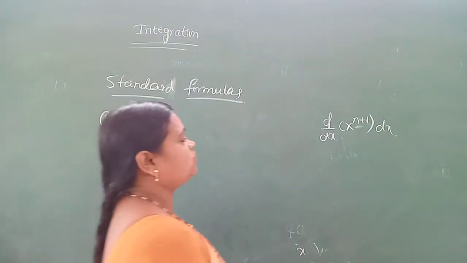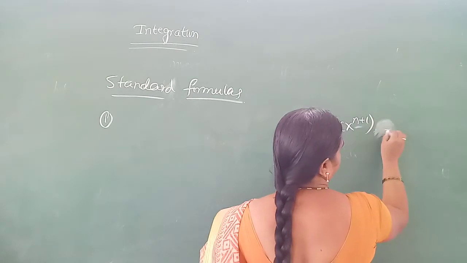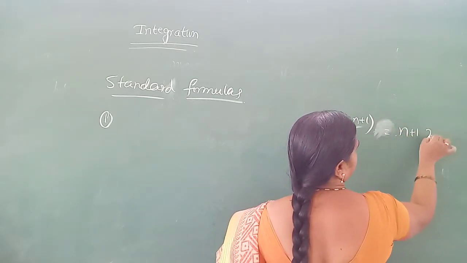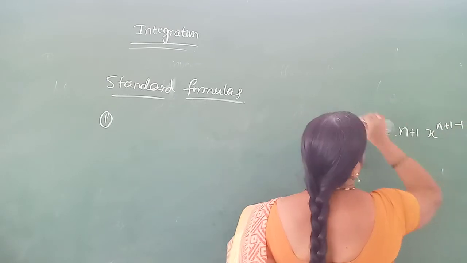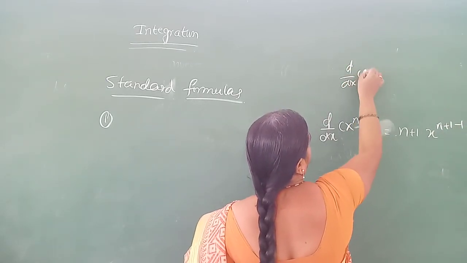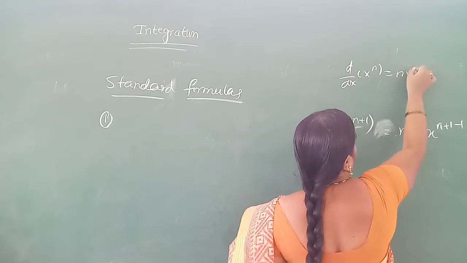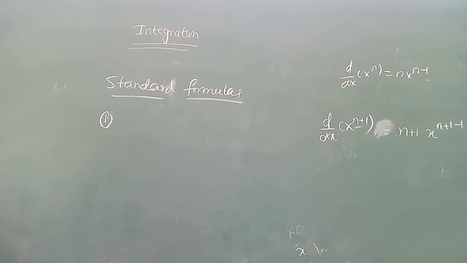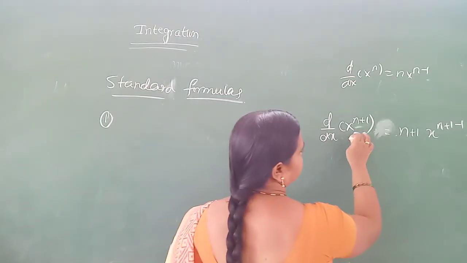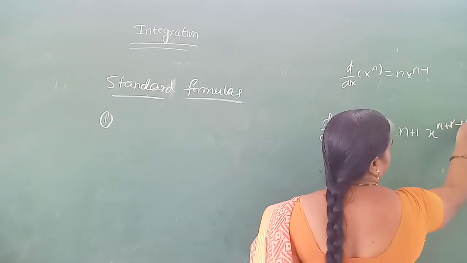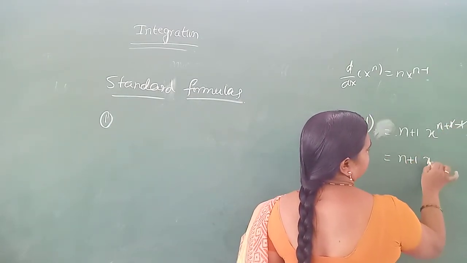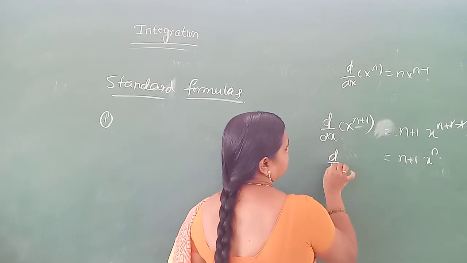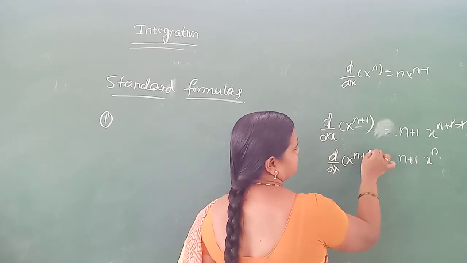Differentiation of x to the power n plus 1, we know the formula. In general, differentiation of x to the power n can be written as n x to the power n minus 1. That one we are applying here. Plus 1 minus 1 gets cancelled, so d by dx of x to the power n plus 1 is n plus 1 times x to the power n.